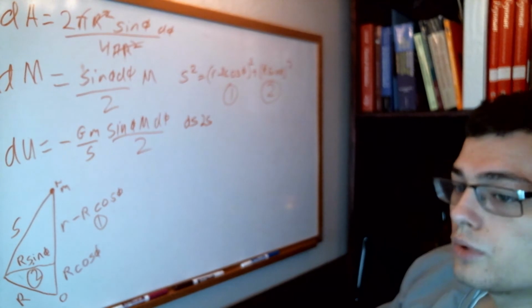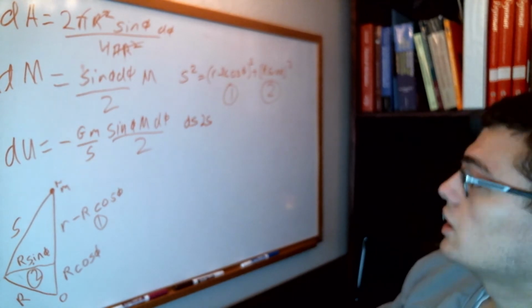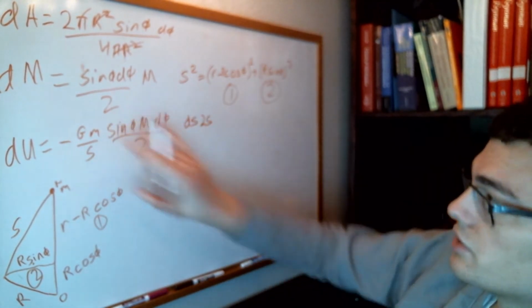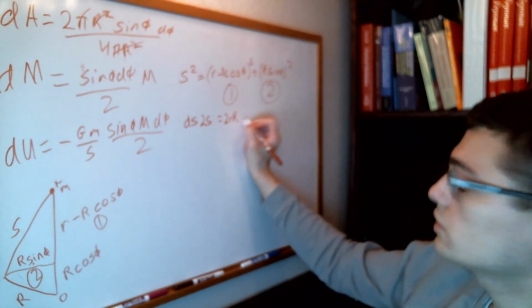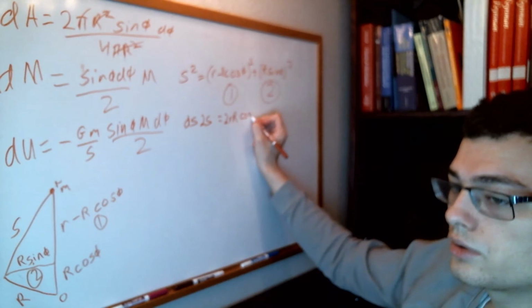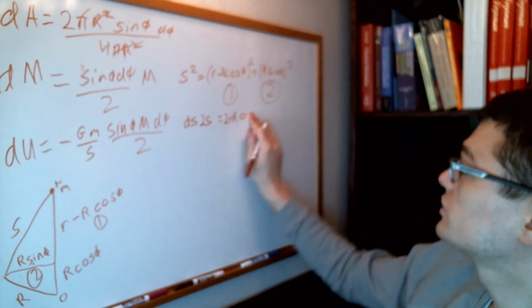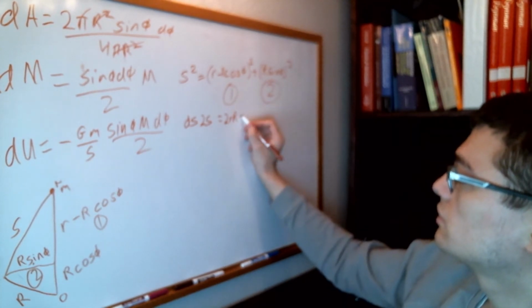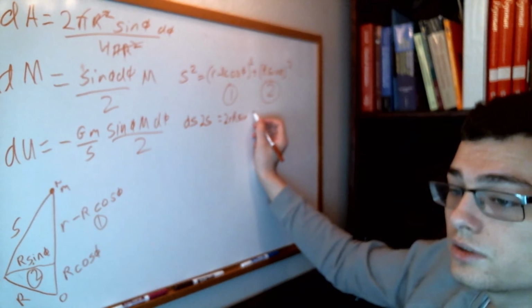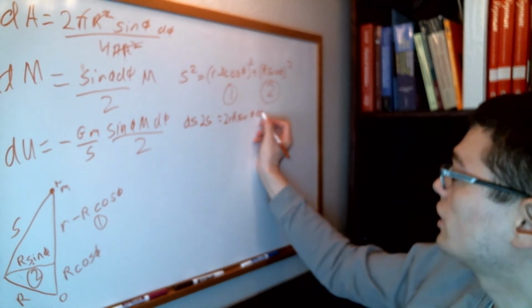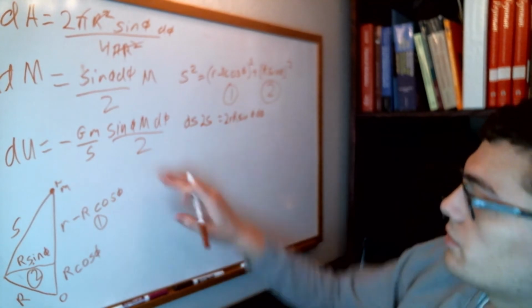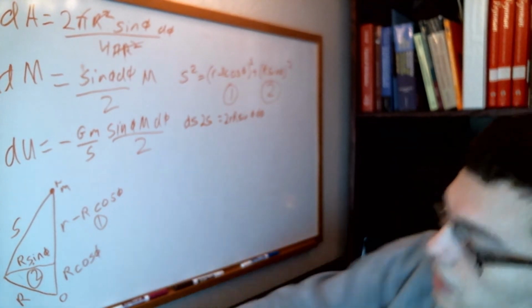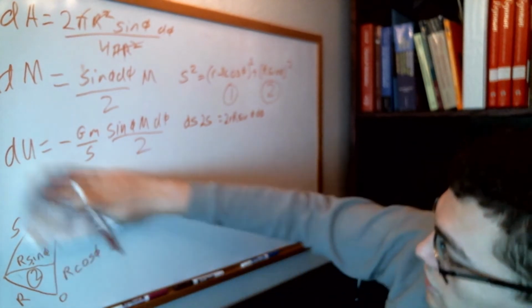And so we can substitute this equation now into this one. So let's finish our differential here. We're going to get 2r, cosine, or no, we're going to get sine phi d phi. Okay, so now we plug that in here, and I'm going to get rid of this.